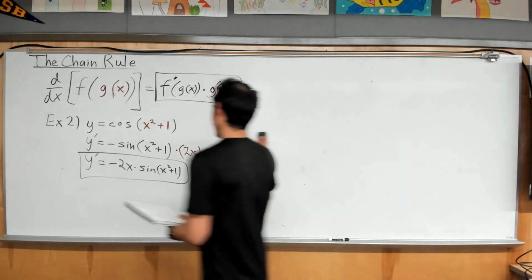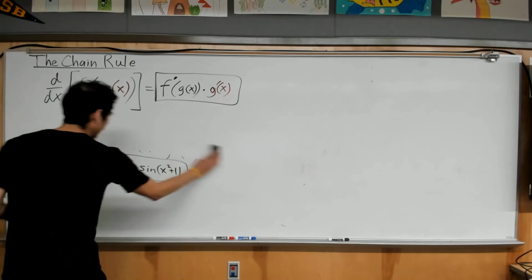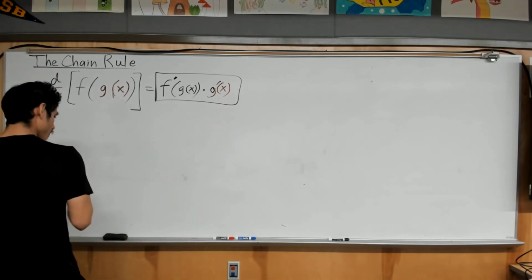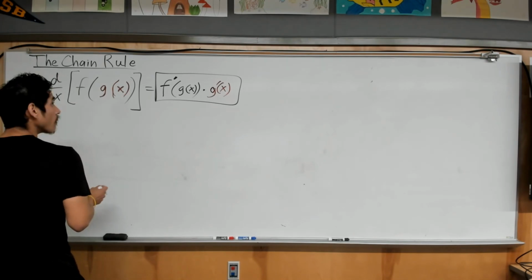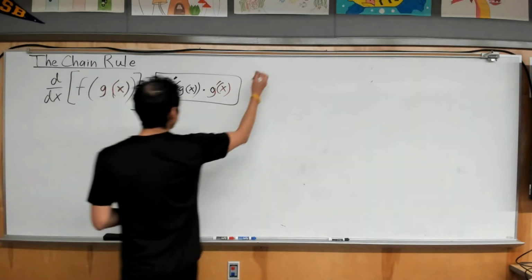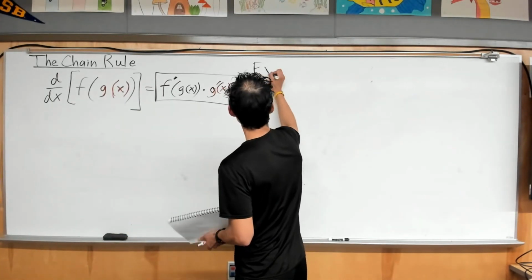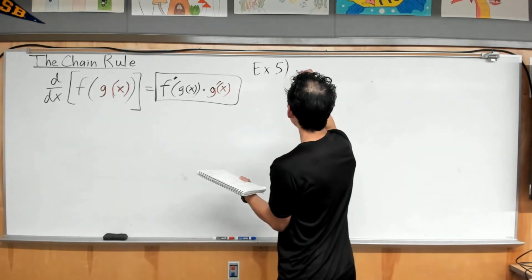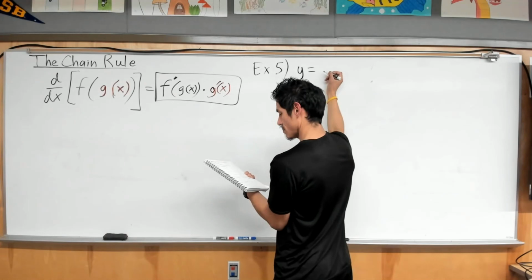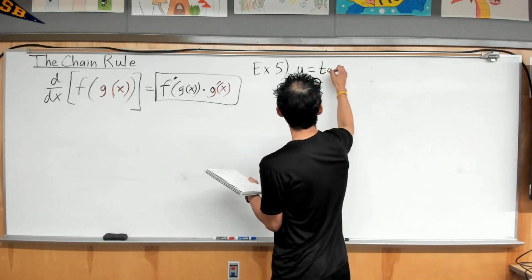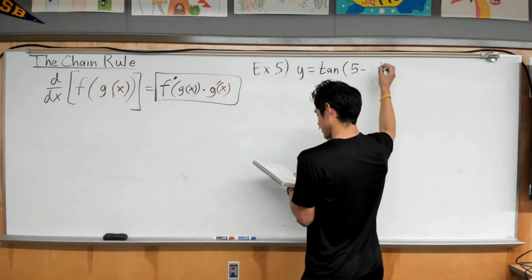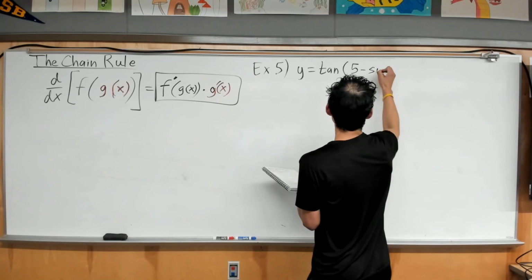Example 5. We have y equals the tangent of 5 minus sine of 2x.